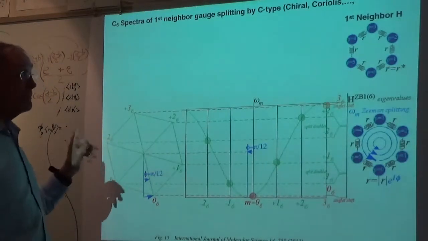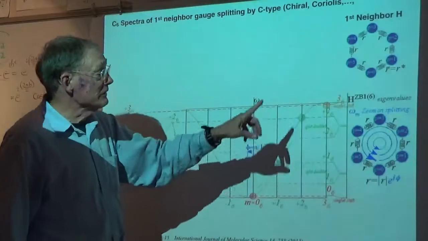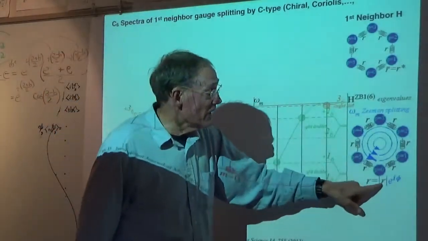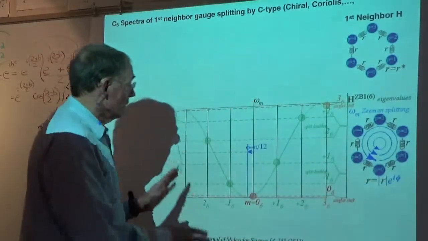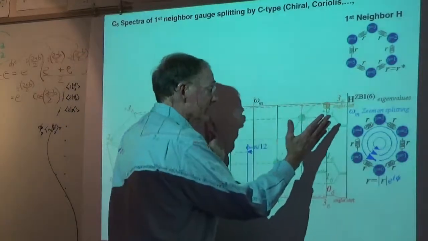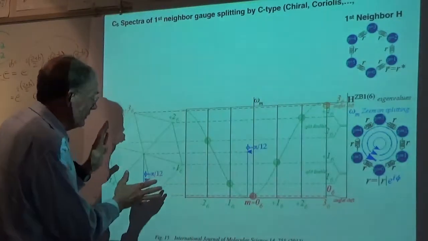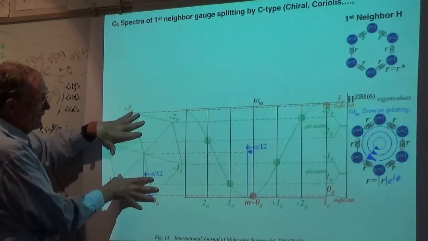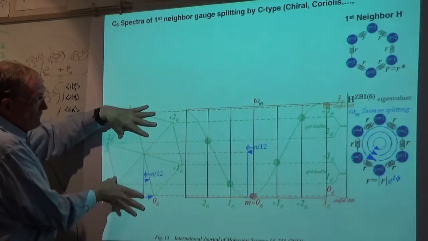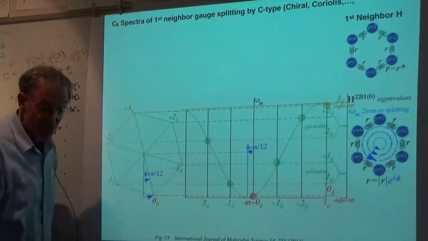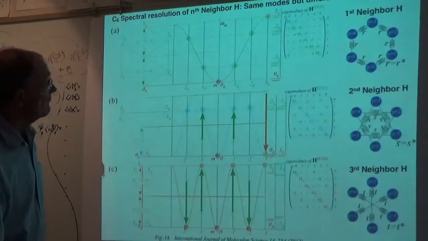If you make them complex, if R is complex, okay, when R is R e to the i phi, the whole cosine shifts. But what you'll notice is the way you get it is you simply take the picture of the hexagon that was the projection of those eigenvalues right here.